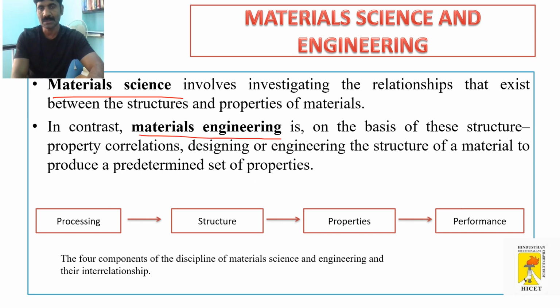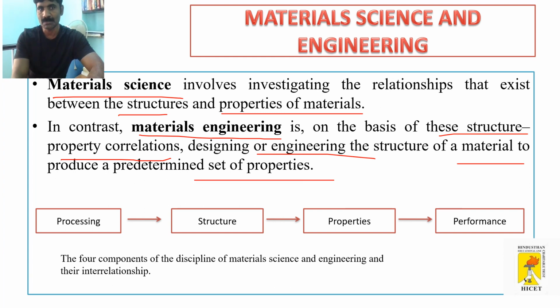Material science is the science which deals with the structure and the properties of the material. Material engineering is how we get the structure and property correlation, and design or engineer the structure of the material to produce a set of properties.